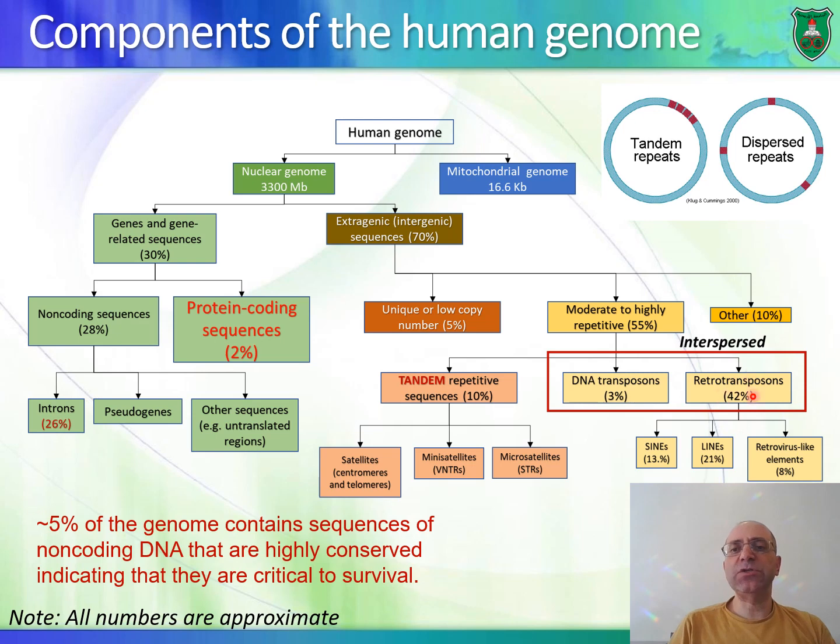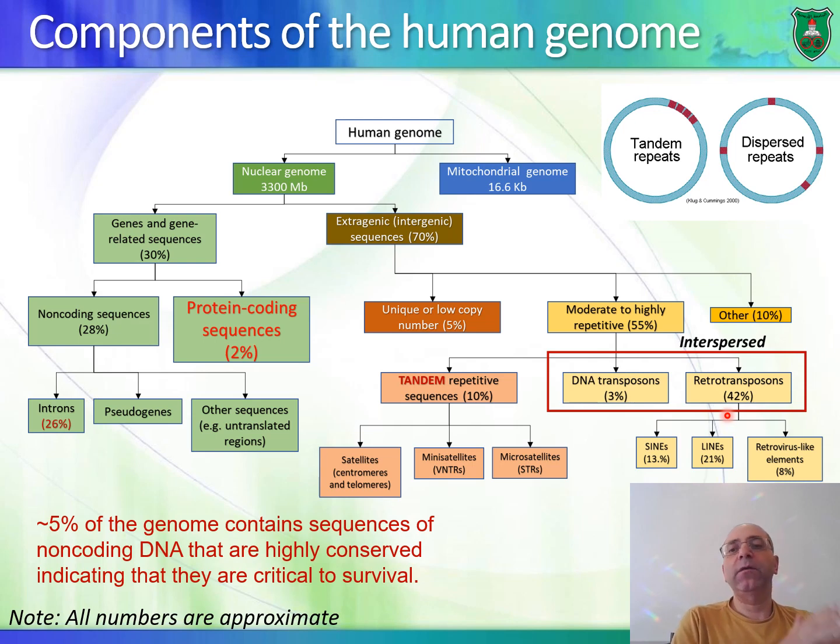About 42% of the human genome is composed of retrotransposons. Again, transposons, movable elements, movable DNA sequences. That is, they change location. So what does retro mean? Retro means that they originated from RNA viruses. Okay, so about 42% of our genome originated from RNA viruses.